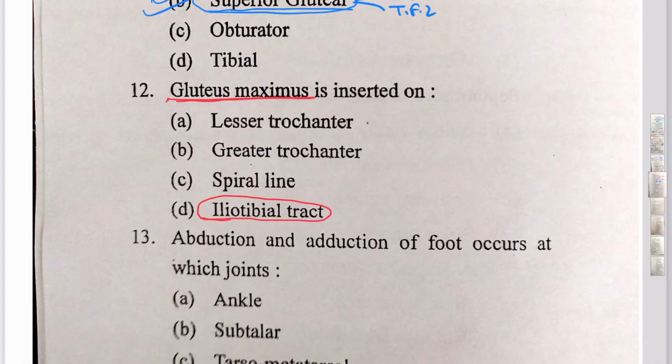So onto this iliotibial tract, there is insertion of most of the superficial fibers of gluteus maximus. However, a few deep fibers insert onto the posterior surface of the femur below the greater trochanter, and even below the quadrate tubercle, you find a tuberosity, and that is gluteal tuberosity. So the deep fibers of gluteus maximus insert onto the gluteal tuberosity. The superficial fibers insert into the iliotibial tract.